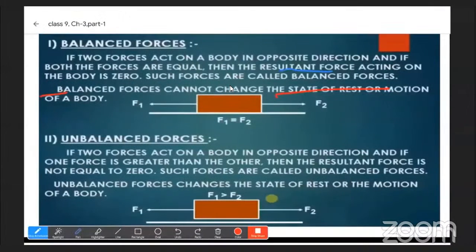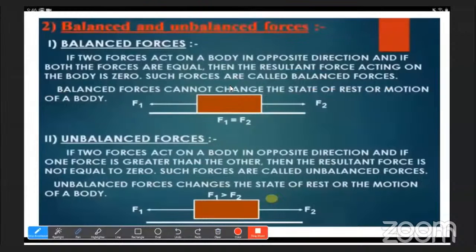So here, next one, balanced and unbalanced forces. So look at here, balanced forces. If two forces act on a body in opposite direction, okay, so you can observe here F1 is one force and F2 is another force.